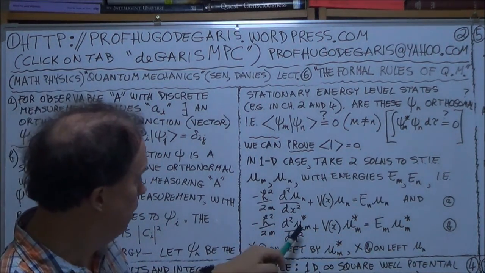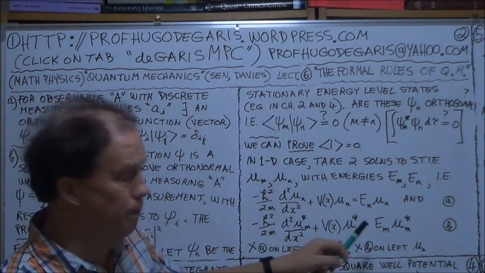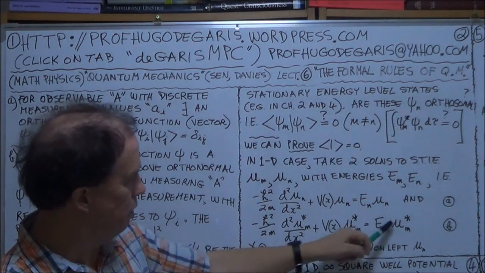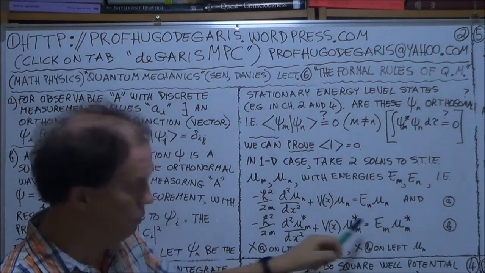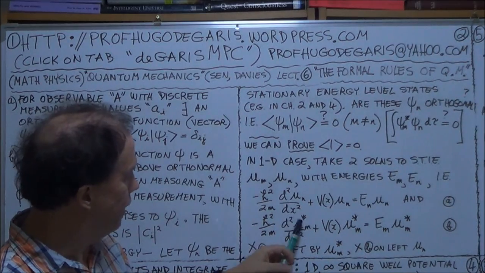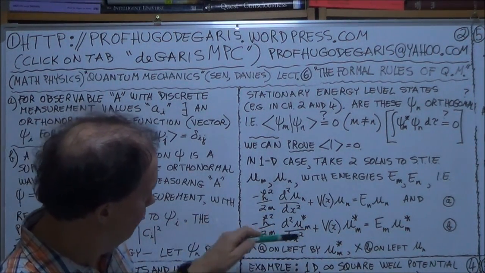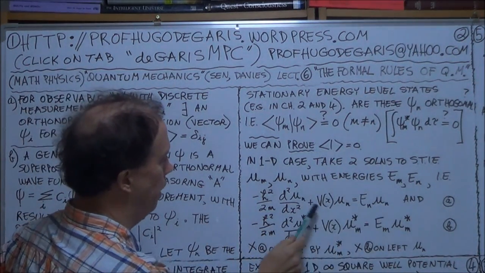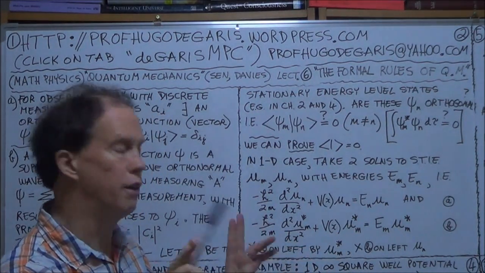UM here is another solution to the Schrödinger equation by definition. So we can write this down as well. That will be true because this is a solution to this differential equation, this STI. If n equals m, you'll have UN, and now conjugate everything.